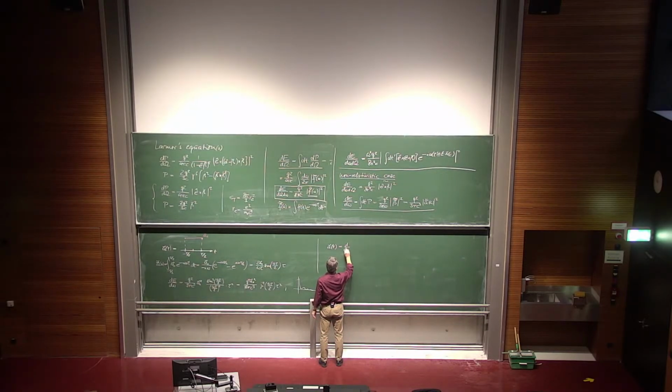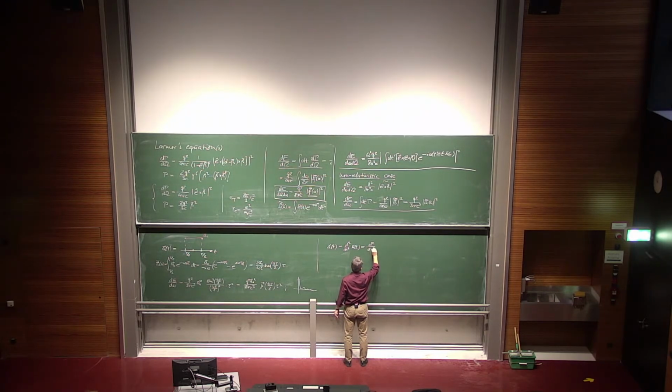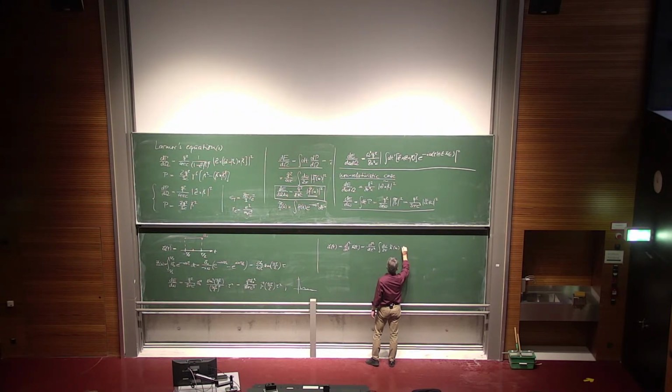But first, I say, okay, that's the second time derivative of x of t, the second time derivative of the Fourier transform of the orbit itself.